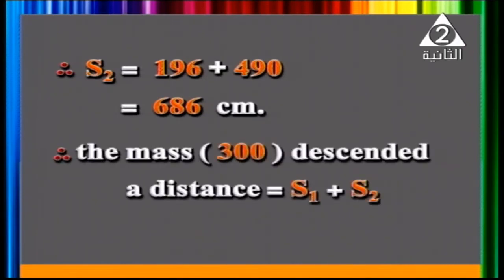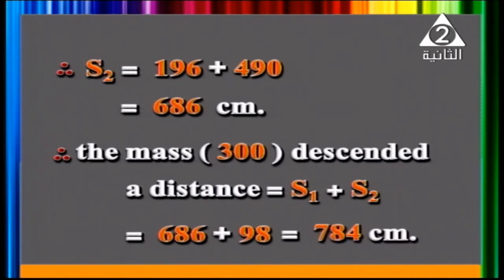Then the mass 300 descended a distance S1 plus S2. By adding S1 plus S2, the answer is 784 centimeter.